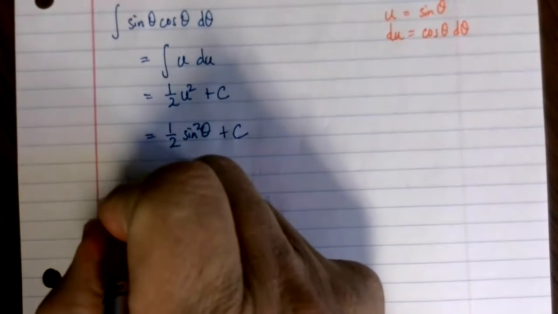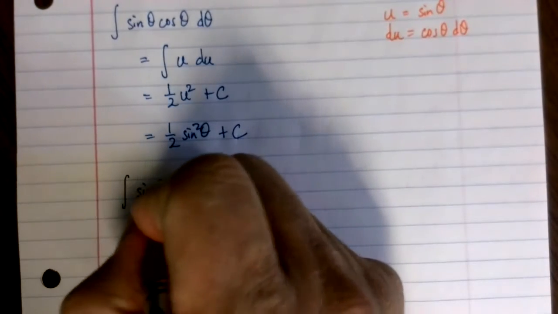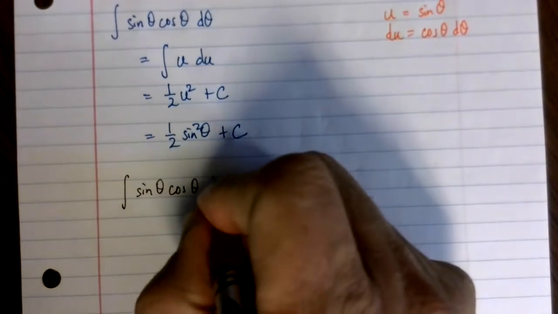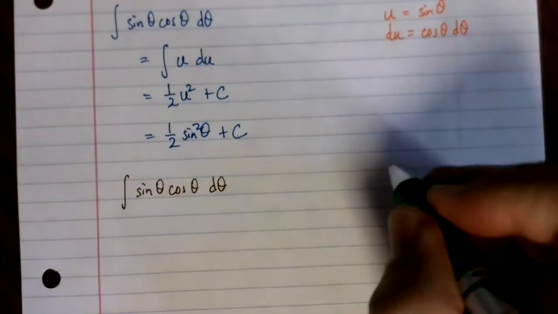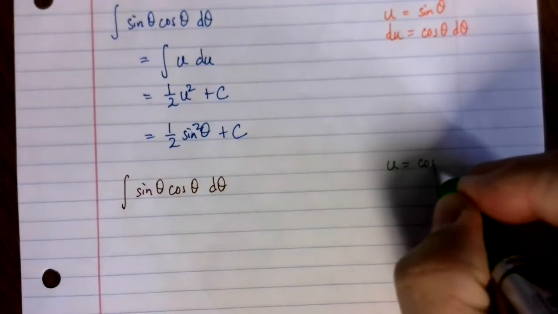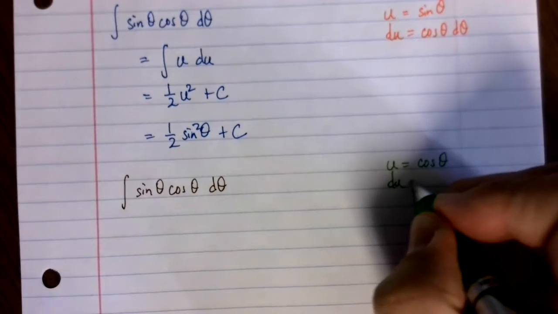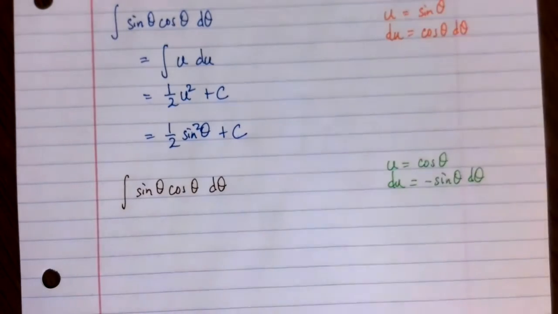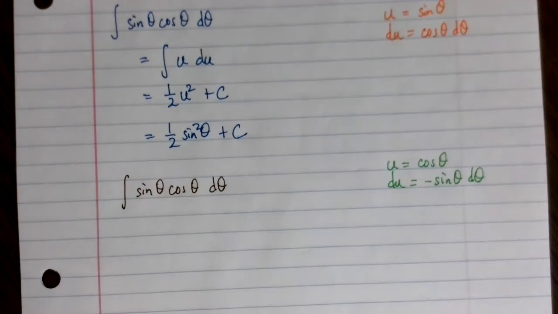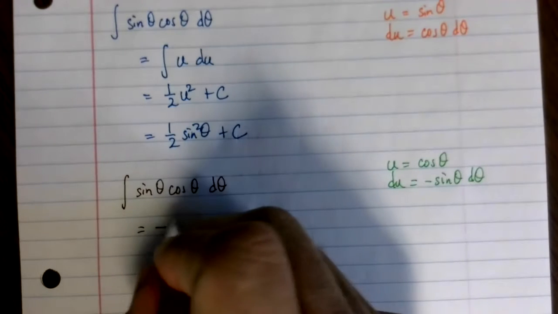However, we could do this another way. We could do the integral of sine of theta cosine of theta d theta. An alternate approach would be to let u equal cosine of theta, and therefore du would be equal to negative sine theta d theta. So looking at the antiderivative, I put a minus sign in front.